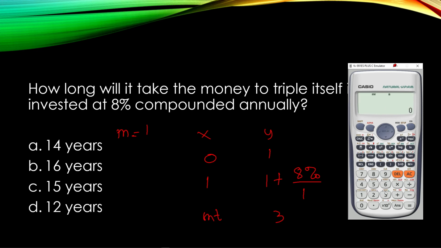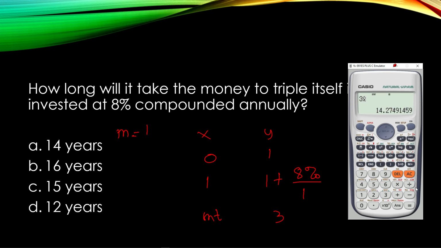Okay, so input lang natin siya, mode 36. We have 0, 1, and then we have 1, 1 plus 8% na lang. Okay, huwag na natin i-divide by 1. Okay, 1 plus 8%. And then, press AC. Okay, kukunin natin yung MT. So, we have 3, shift stat, 4.